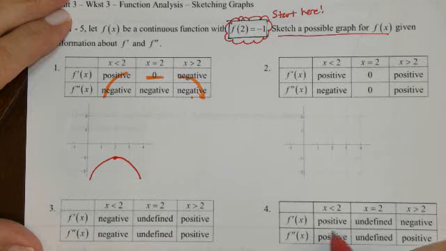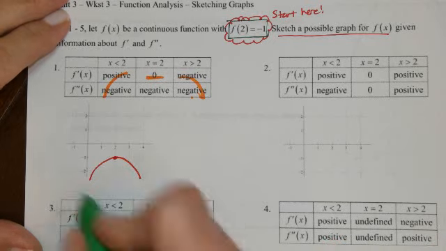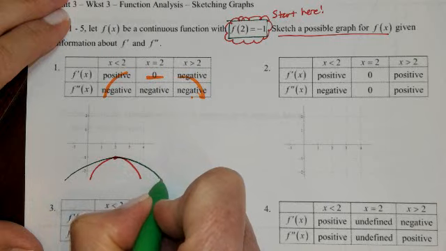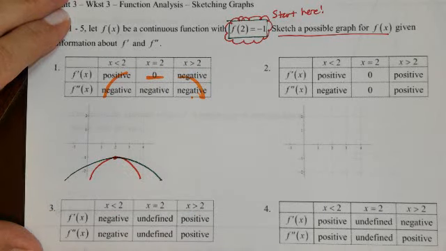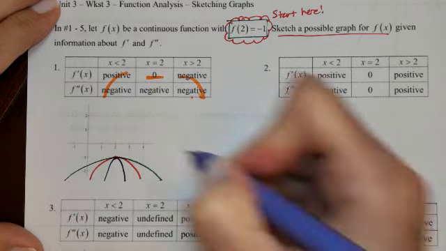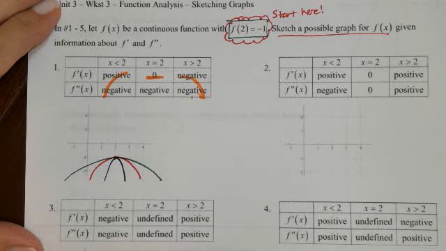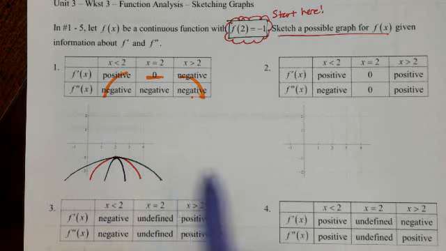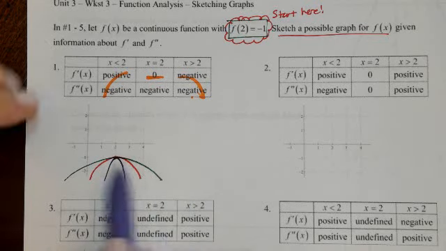Not the only graph of f. I could draw another graph of f. I could make it a little bit more gradual. Or I could make it a little bit less gradual. So there are several options, but you need to graph one. We're just graphing a possible graph of f. So one of these.